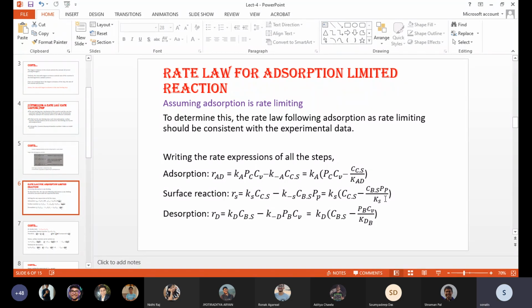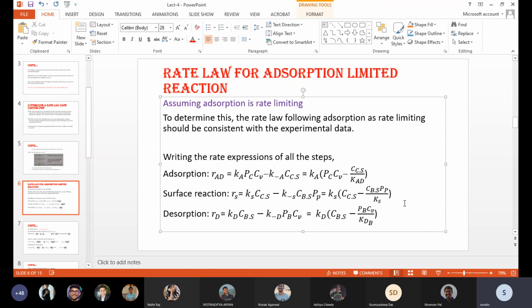Here again, instead of Ks by K of minus S, if you take out small ks from the bracket, then we get capital Ks as the reaction equilibrium constant. Desorption: in the same way, we write the rate of desorption as the forward desorption rate minus the reverse desorption rate. Here you see B, that is benzene, is free, so we are writing benzene in terms of partial pressure, and CV is the concentration of the vacant site.